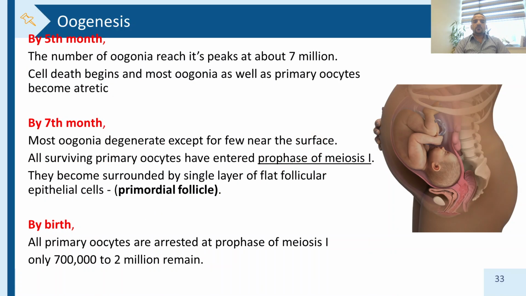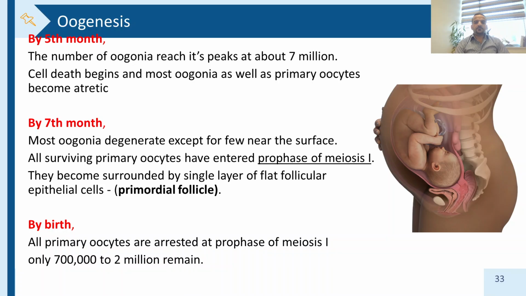By the age of 5 months, the oogonia will reach the largest number, approximately 7 million. After that cell death begins, and most oogonia as well as primary oocytes will degenerate and become atretic. When the baby girl is in her mother's womb, by the age of 7 months, the oogonia will degenerate except for a few near the surface of the ovary.